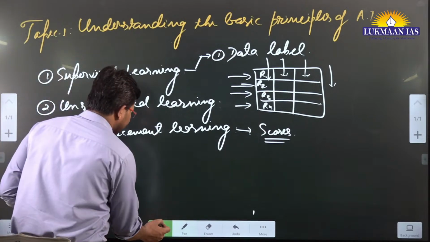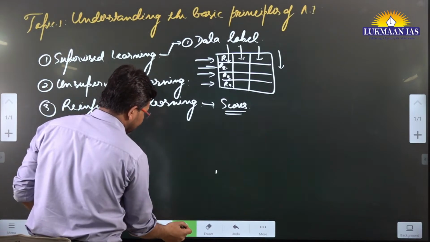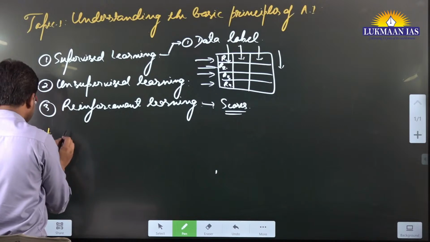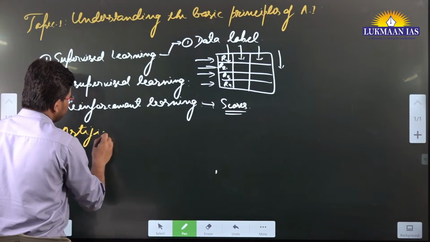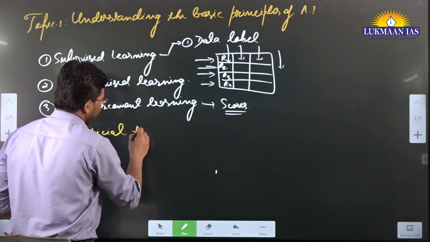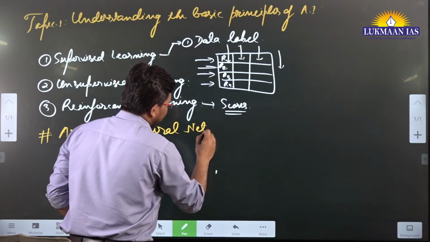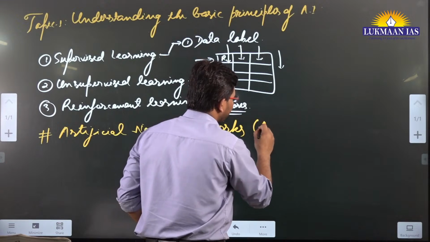Apart from this, in this article they have also mentioned another very important thing that is known as artificial neural networks. So what do we mean by artificial neural networks?